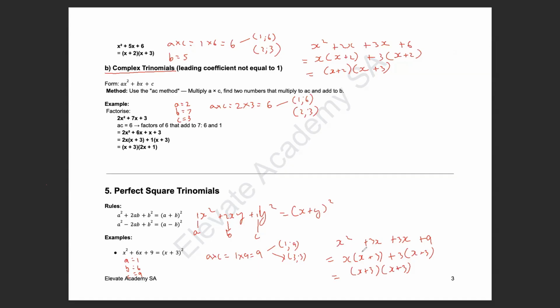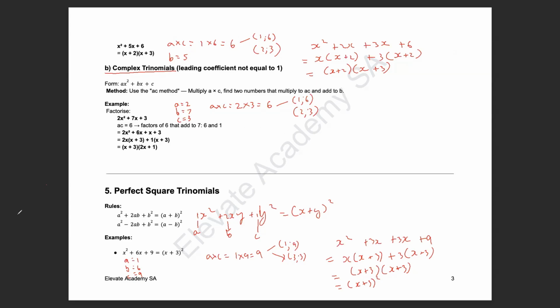Okay, so once again, now we got this. We see that x plus 3 is common in both these terms. When we divide this term by our common factor x plus 3, we're left with x. We divide this term by our common factor x plus 3, we're left with 3. And that's equal to x plus 3 squared.